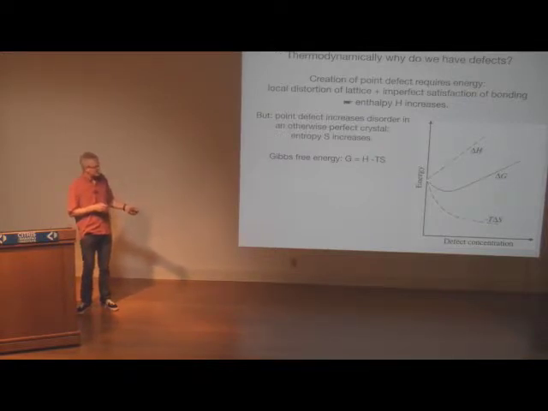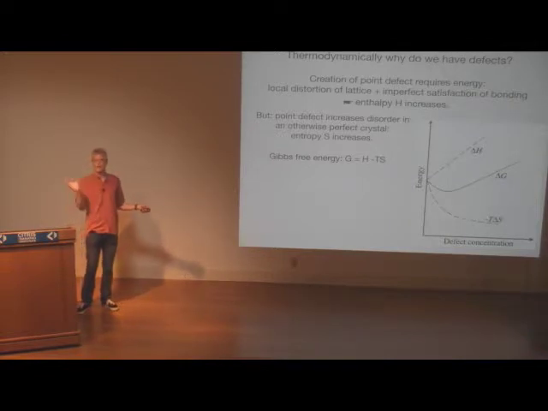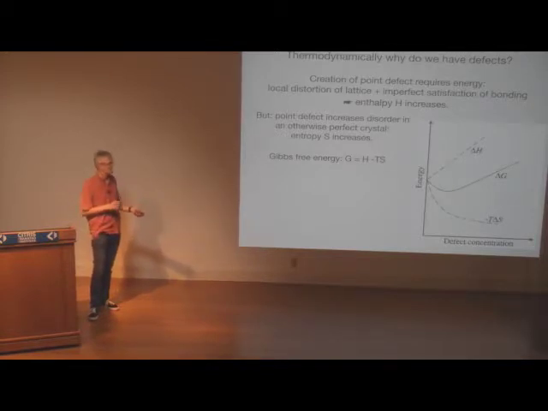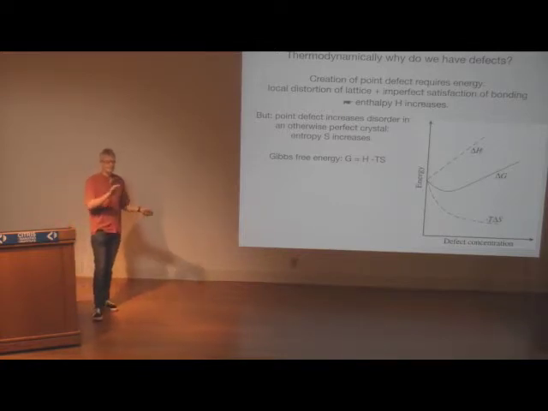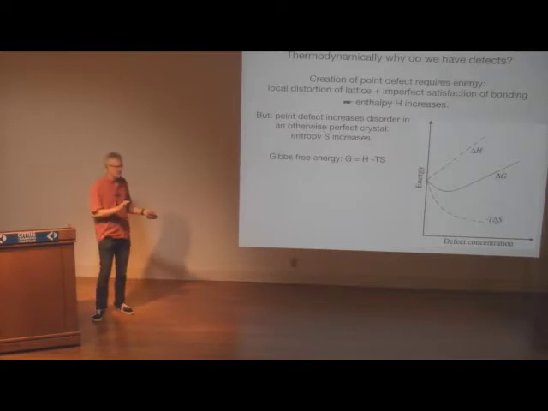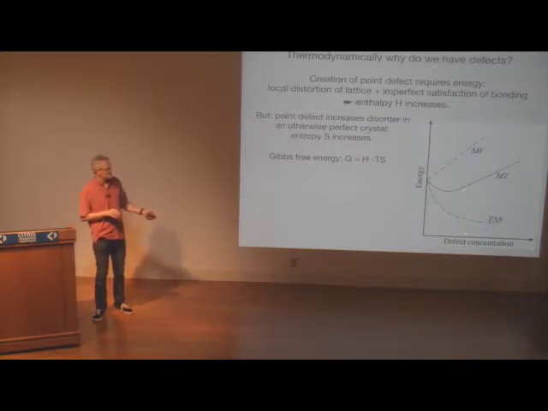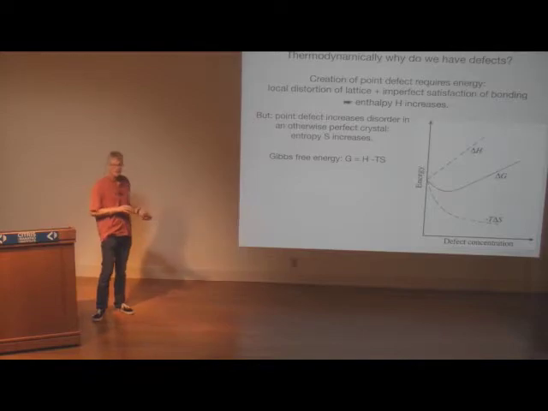The only difference is that the enthalpy is just a linear increase: the more defects we have, the higher the enthalpy penalty that we have to pay, but the entropy gain levels off at some point. There's no further, basically, the disorder is already such that nothing else happens. So this levels off. So the net is that for a high defect concentration, the Gibbs free energy increases.